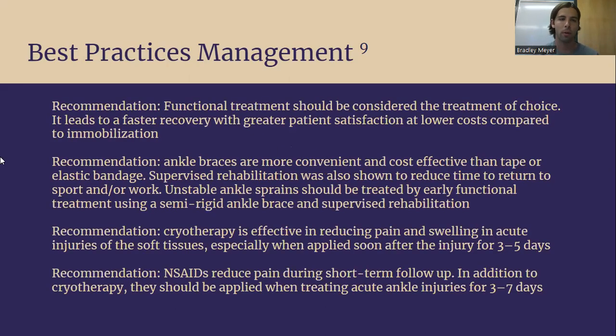And then these are more recommendations for the grade 2 and 3, which are categorized as unstable ankle sprains. Again, functional treatment should be used. Ankle braces can be used for the short term.